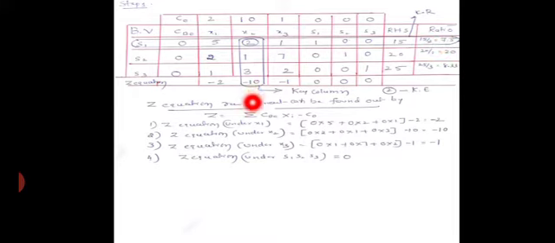Similarly, under the X2 column for the second row, its value is 1, so the RHS value 20 divided by 1 is 20. Similarly for the S3 row, the value is 3 under the X2 column, so 25 divided by 3 gives 8.33.